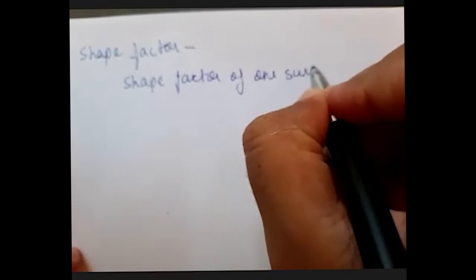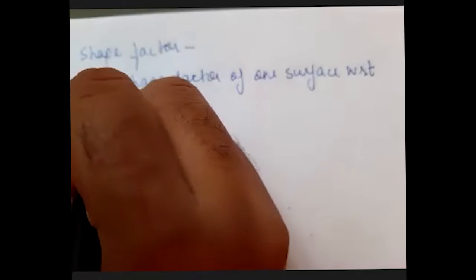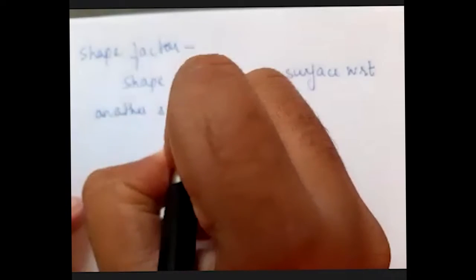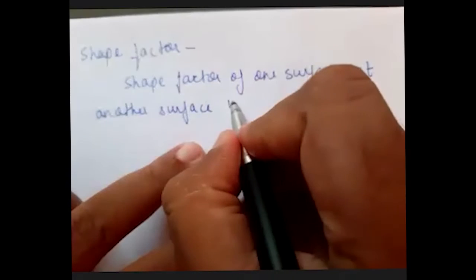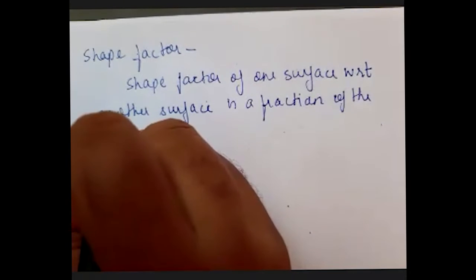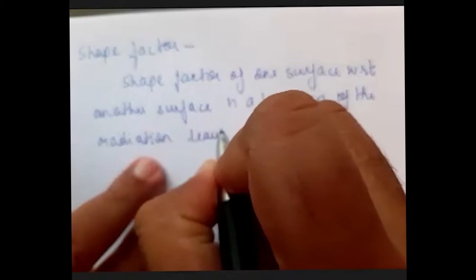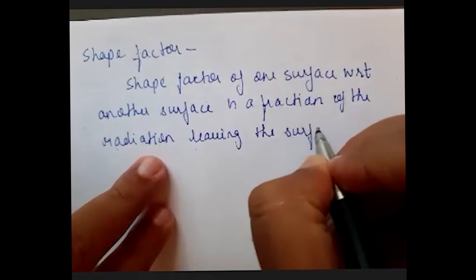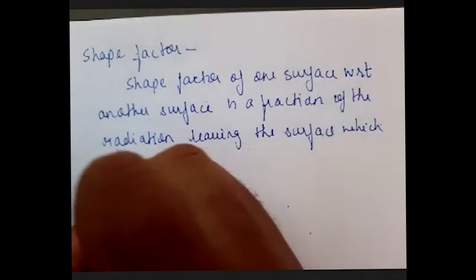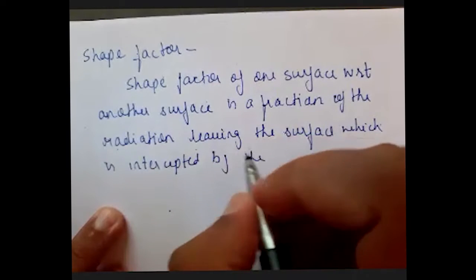Shape factor of one surface with respect to another surface is the fraction of the radiation leaving the surface which is intercepted by the other.